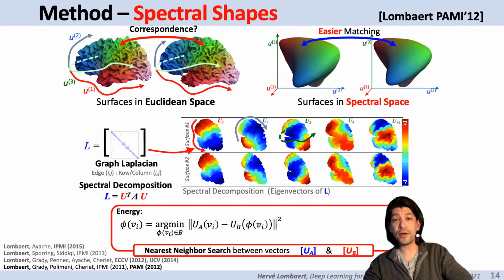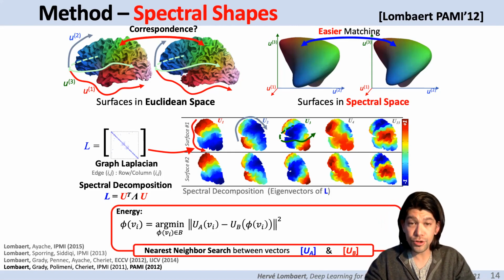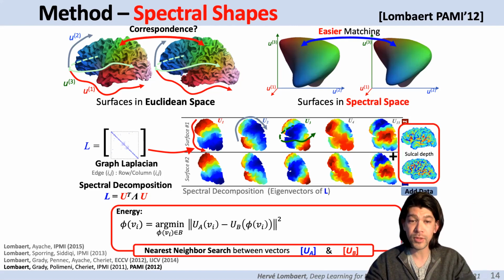In terms of the energy, the mathematics, the functional loss function, we try to minimize the difference in vibration, spectral or shape properties between equivalent points. That's how we find the mapping between those two brains.